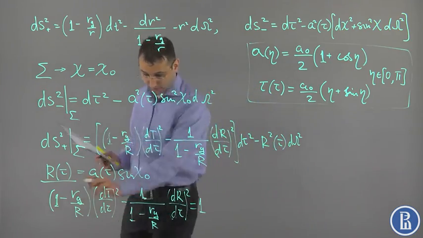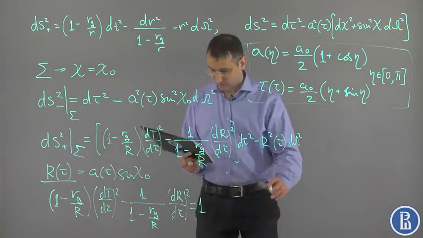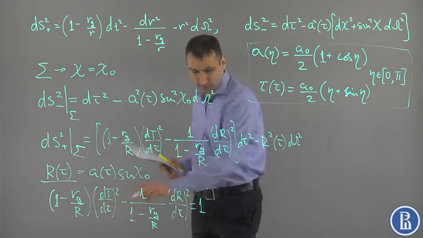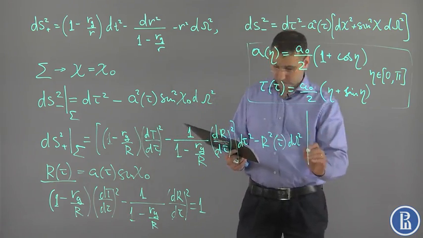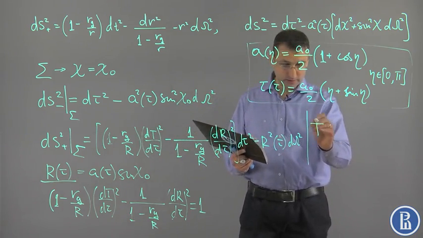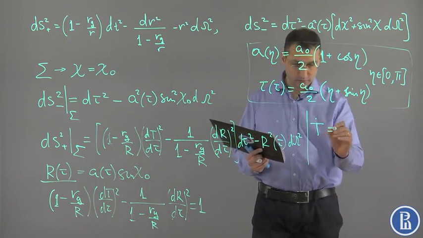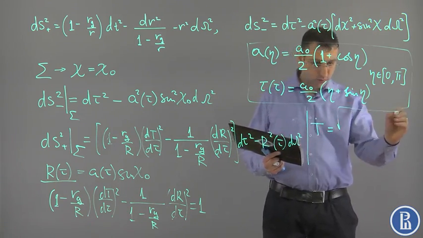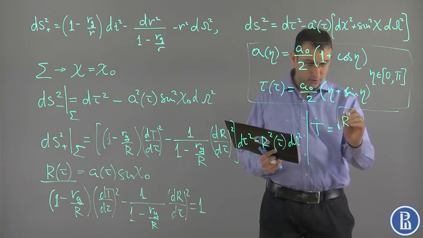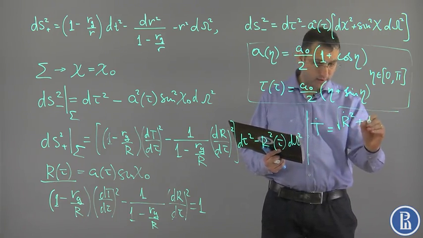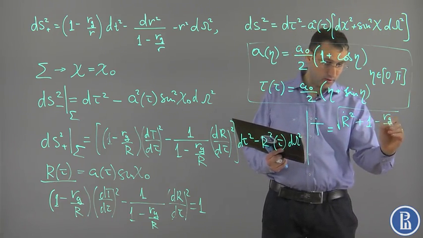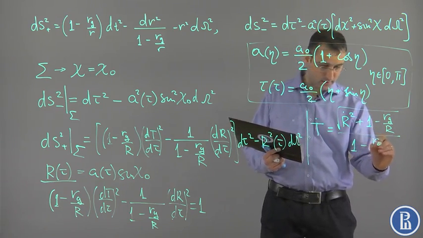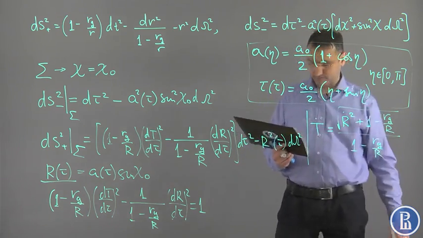And this equation can be solved for t of tau, so t as a function of tau. The solution is obvious. t dot is equal to the square root of r dot squared plus 1 minus rg over r, divided by 1 minus rg over r.